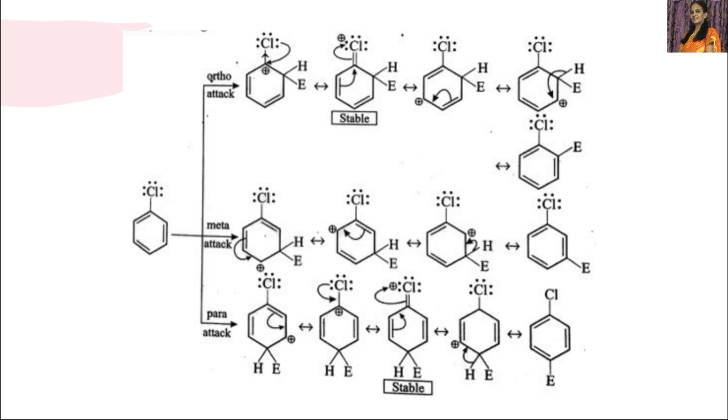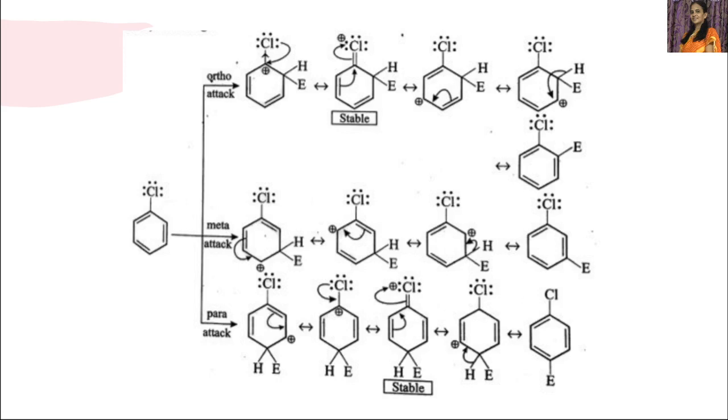Now here, the positive charge is present on the carbon to which the chlorine atom is attached. This chlorine has a plus M effect. Because of this plus M effect, a double bond is formed between this carbon and chlorine. You can see the positive charge is delocalized with the help of this lone pair of electrons present on chlorine, and chlorine suffers with a positive charge. Okay.